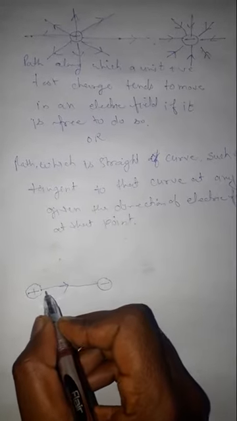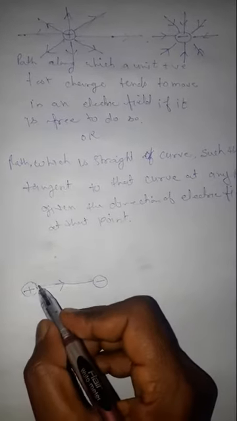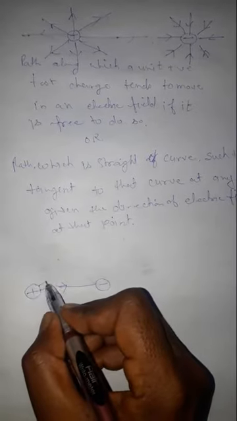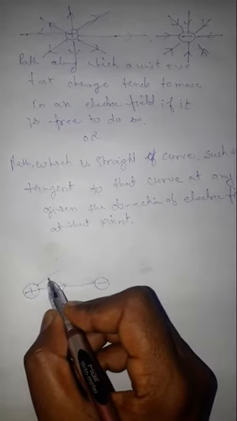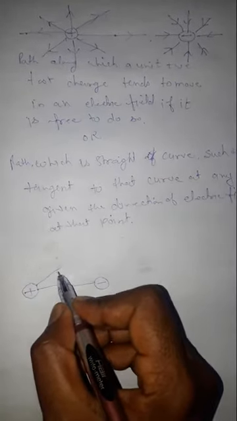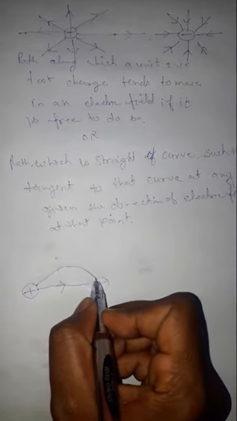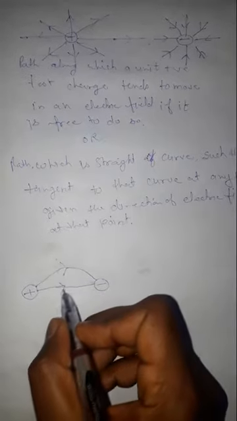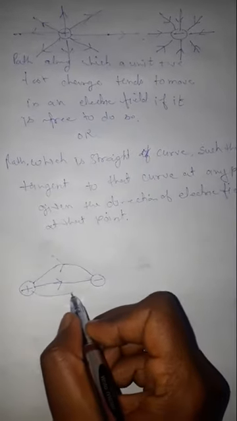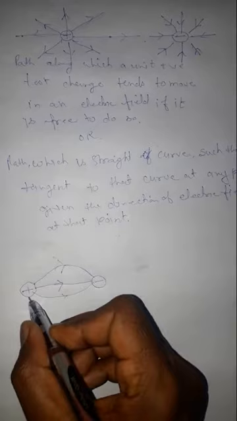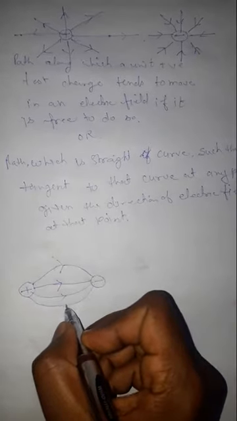So the electric field lines are in this direction. Next, if we draw the normal lines like this, and these lines are attracted towards the negative charge, it forms a pattern like this.